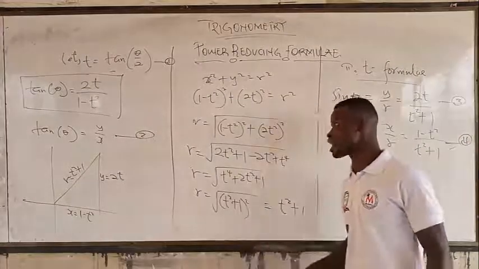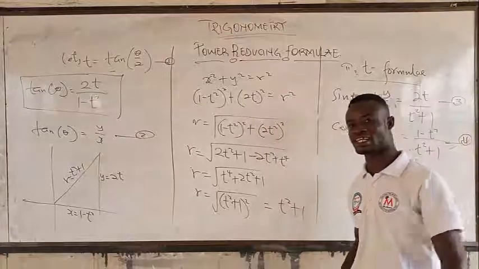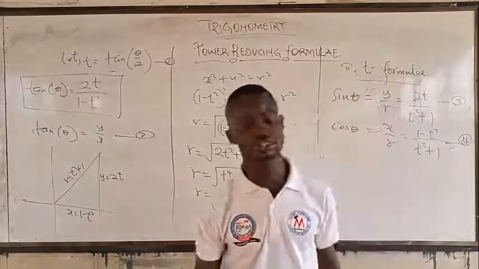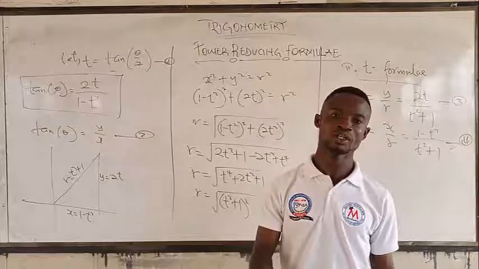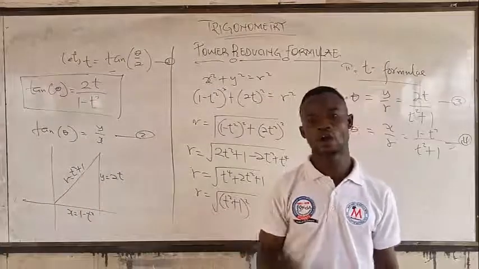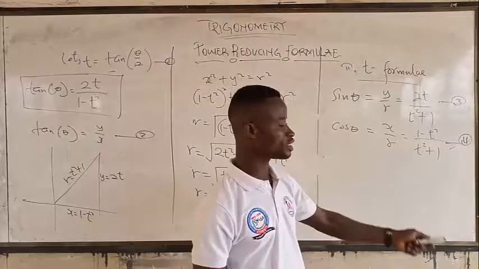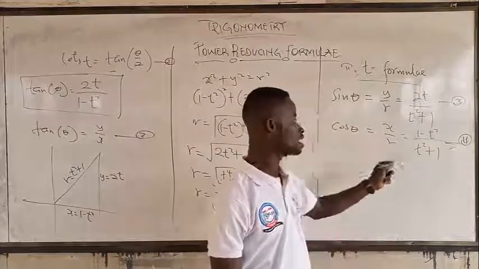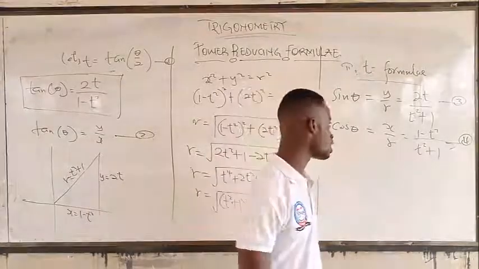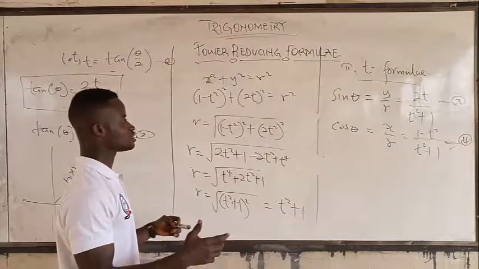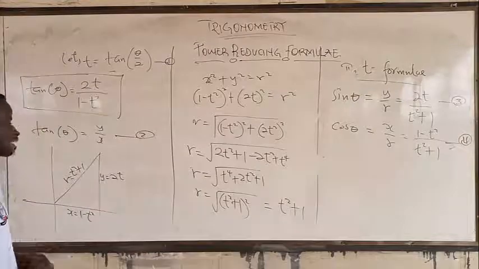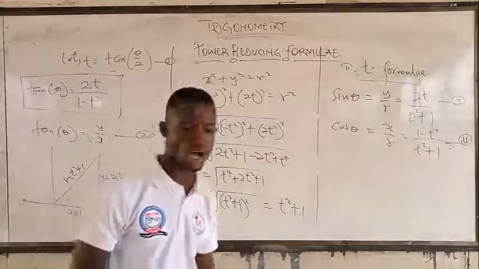The moment we ask you what is sine theta, or the moment you see it in a question, know that sine theta is equal to 2t over 1 plus t squared, and also cos theta is 1 minus t squared over t squared plus 1. Alright, so always don't forget that. So that is what we have on the board.